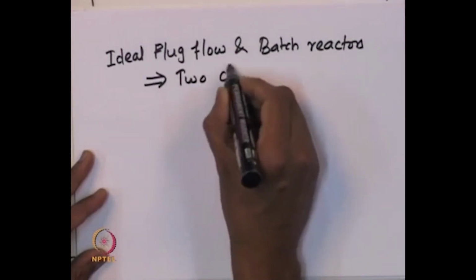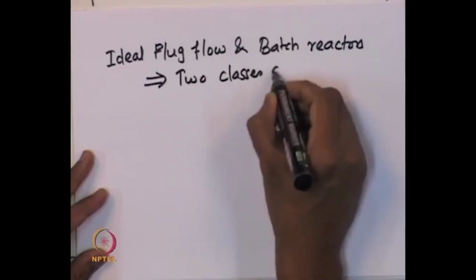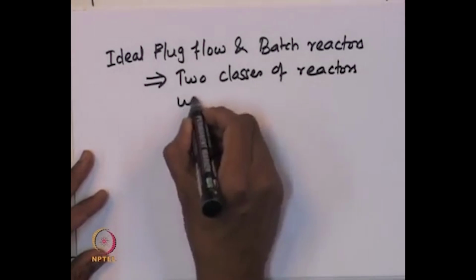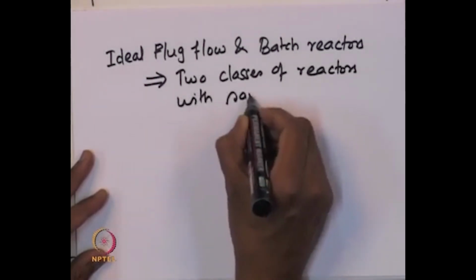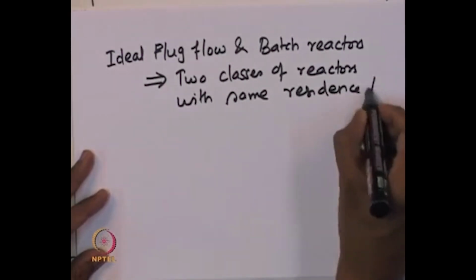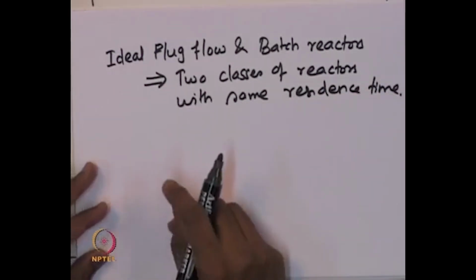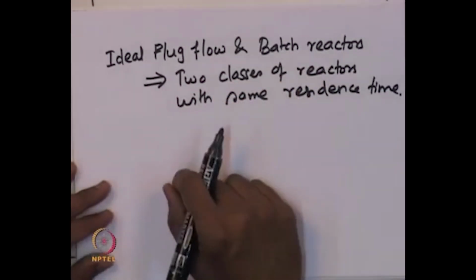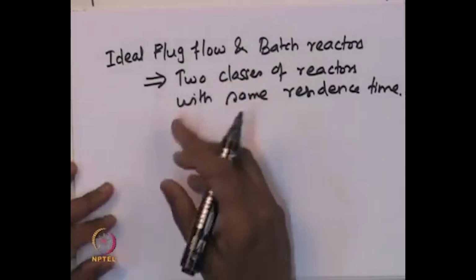Two classes with the same residence time. In all other reactors, there is going to be a distribution of residence time, including the CSTR.